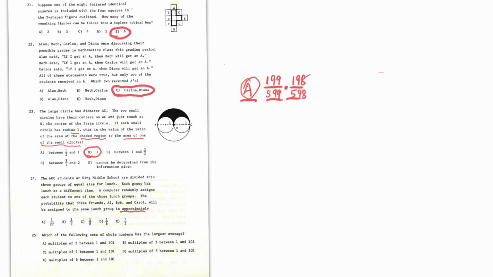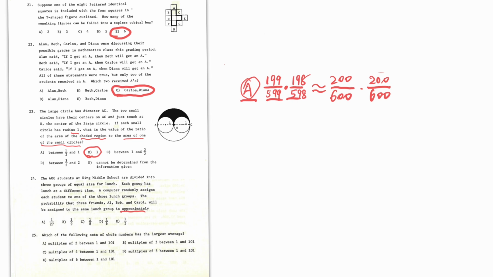So the probability is 199 over 599 times 198 over 598. Rounding to the hundreds, that gives us 200 over 600 times another 200 over 600.